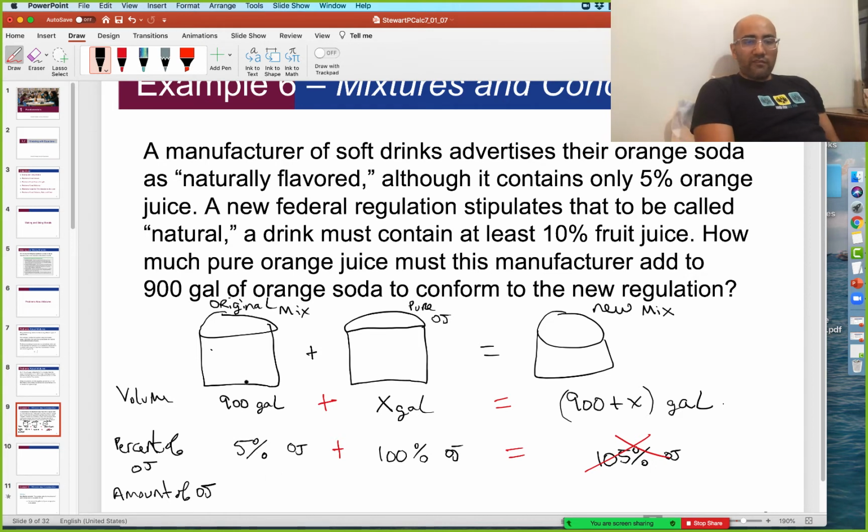Well, it's only 5% OJ. So if we multiply 5% as a decimal, 0.05 times 900, let's see, 10% would be 90, and half of 10% would be 45. There's only 45 gallons of pure orange juice in the original container.